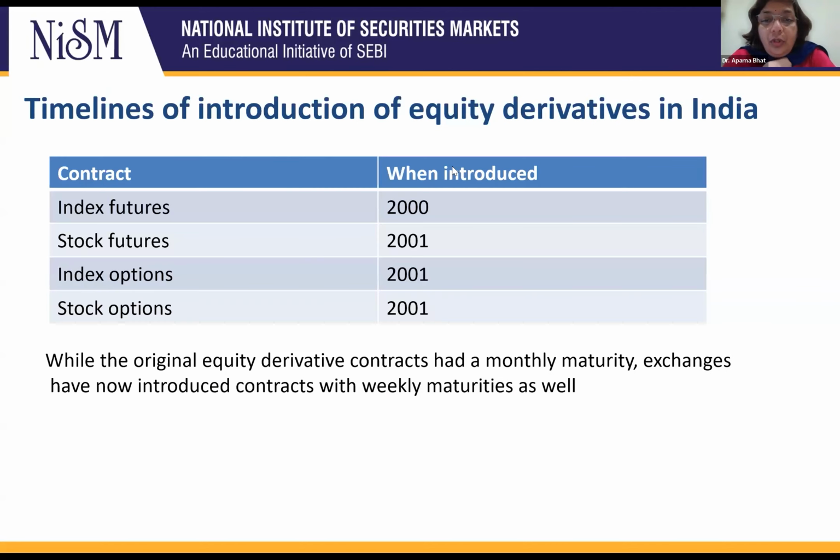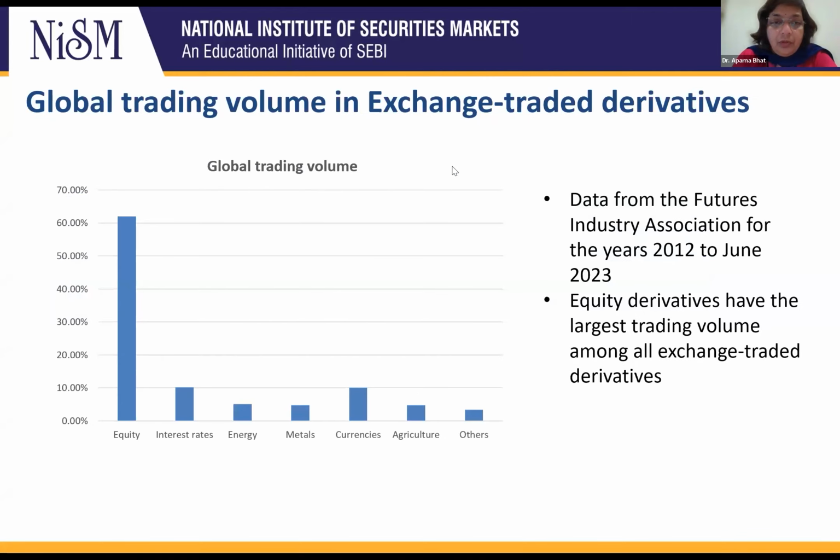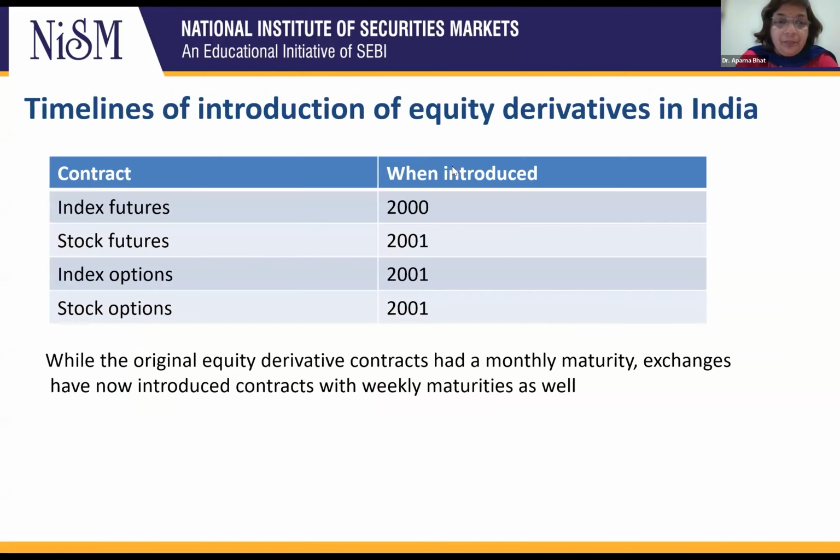If you look at this slide alone, you will understand the significance of equity derivatives, right? Because this is global data, not India's data. This is global data from futures exchanges all over the world. You find that most of the trading is in equity derivatives.